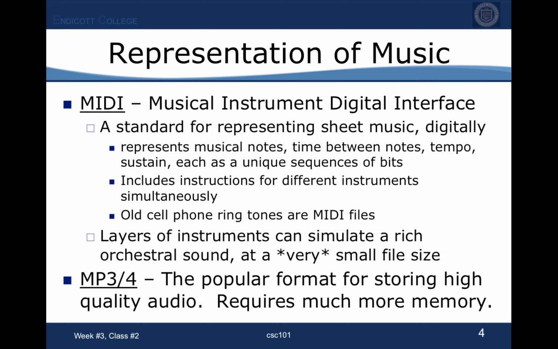The simplest way, and how representation of music started, was with what is usually referred to as a MIDI file, which stands for Musical Instrument Digital Interface. This was a primitive way of trying to digitally represent sheet music or music in general.